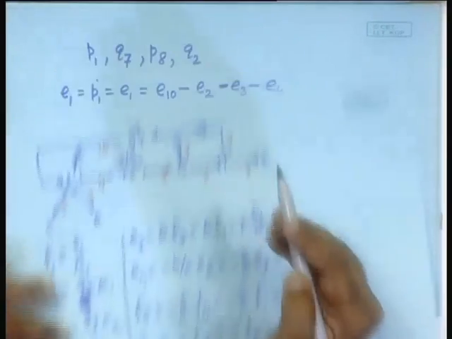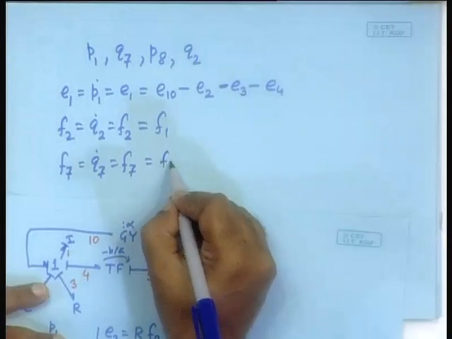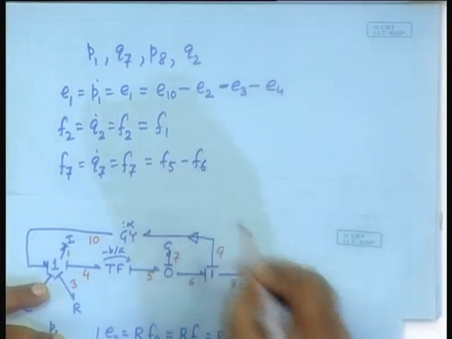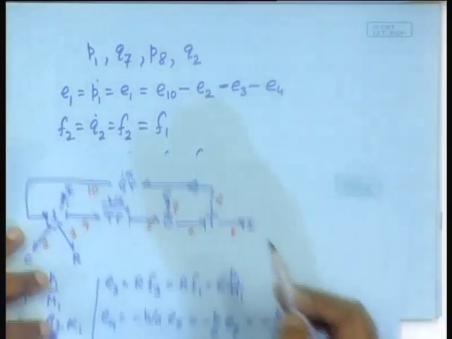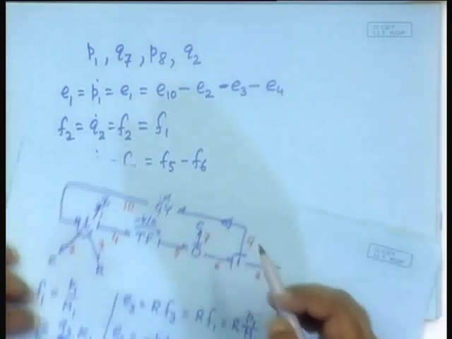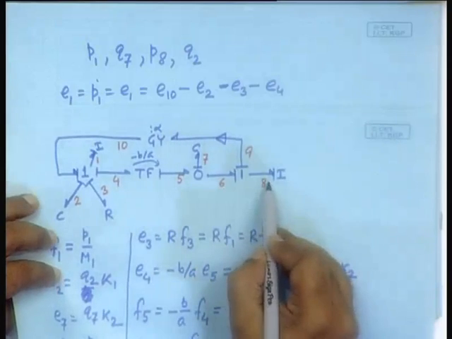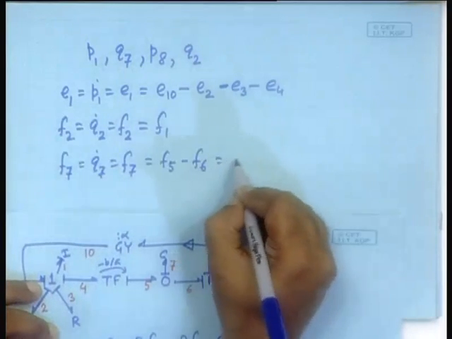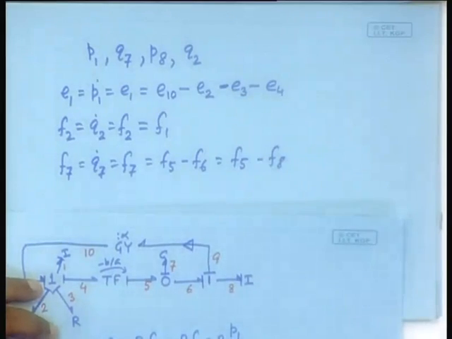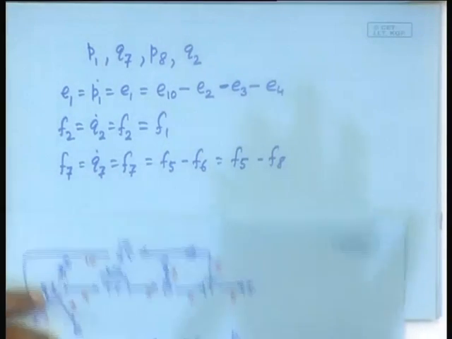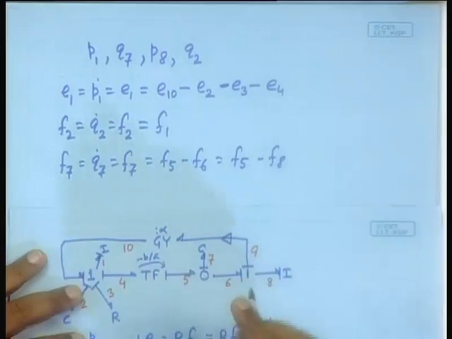So, F5 minus F6. Now, F5 happens to be available, F6 happens to be, no, we have to find out where it comes from. F6 comes from F8, yeah, so it is F5 minus F8, both these are known, fine.